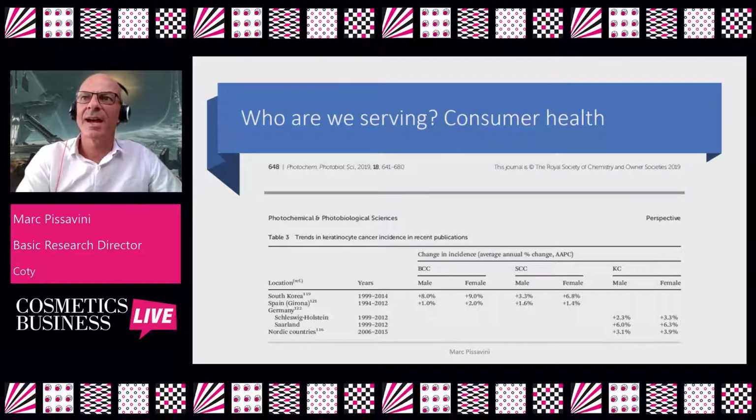And I feel that I have a duty to offer a consumer an effective means of protection against the effect of sun in order to protect their health. Then we have a responsibility here.